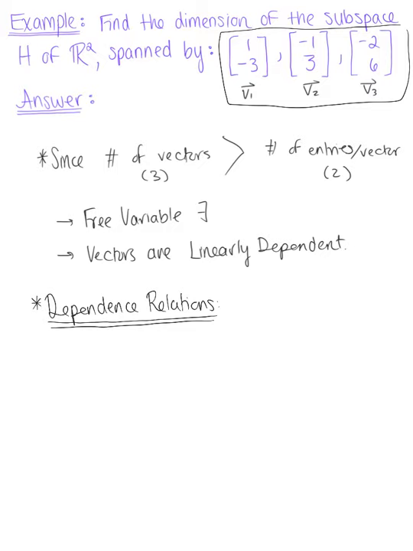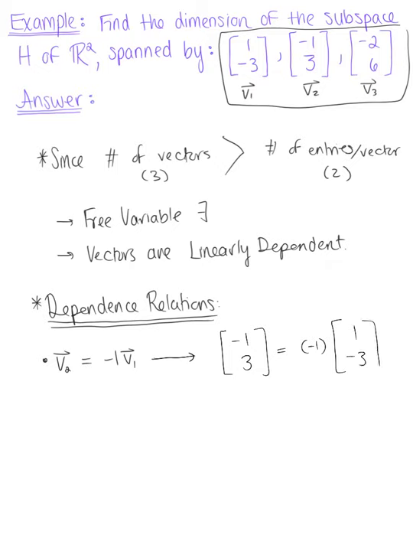It might not be the same thing that I see. But when I look at this, I realize v sub 2 is equal to -1 times vector v sub 1. We can confirm this by thinking about the components: the vector (-1, 3) is equal to the scalar multiple -1 multiplied by the vector (1, -3).